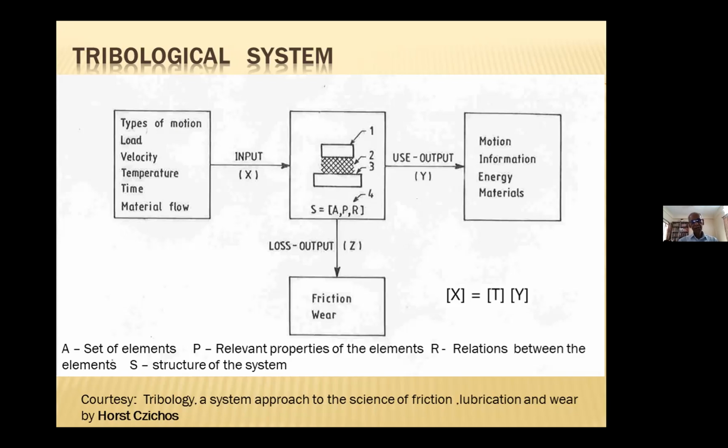Why? Because the grit would act as small rollers and allow the two surfaces to slide with rolling elements between them.